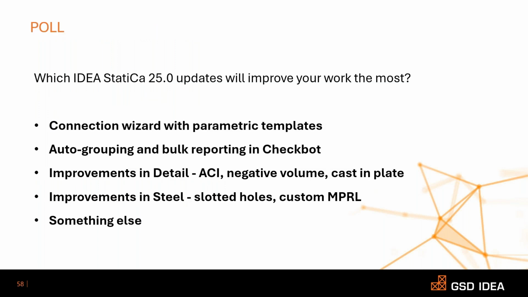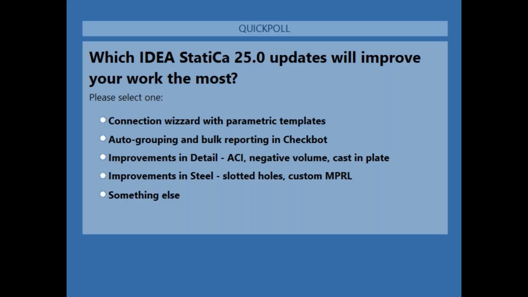Okay, before we wrap it up, there is a quick poll. Obviously, we would very much like to know which of the features that we discussed today, or group of features, you liked the most. Not just liked, but which of them will improve your work the most? So I'm launching the poll.